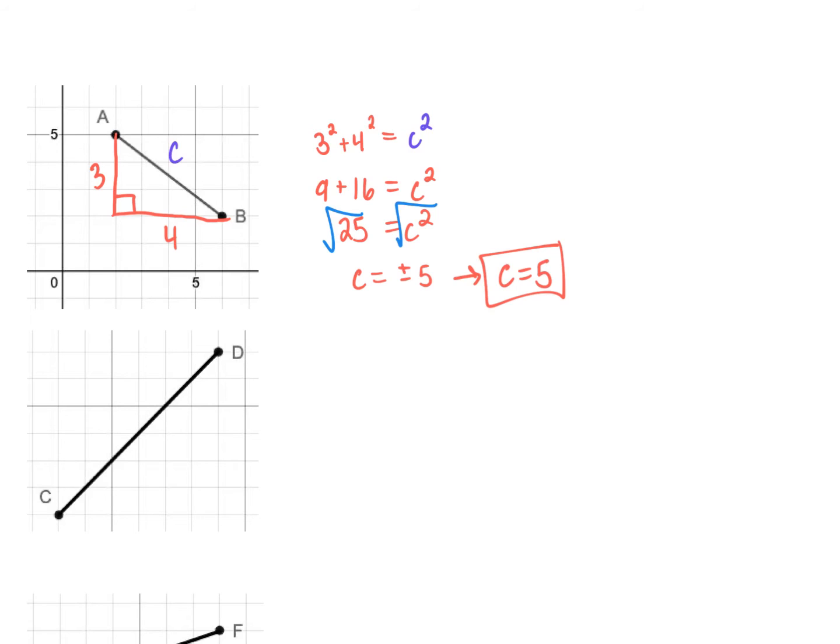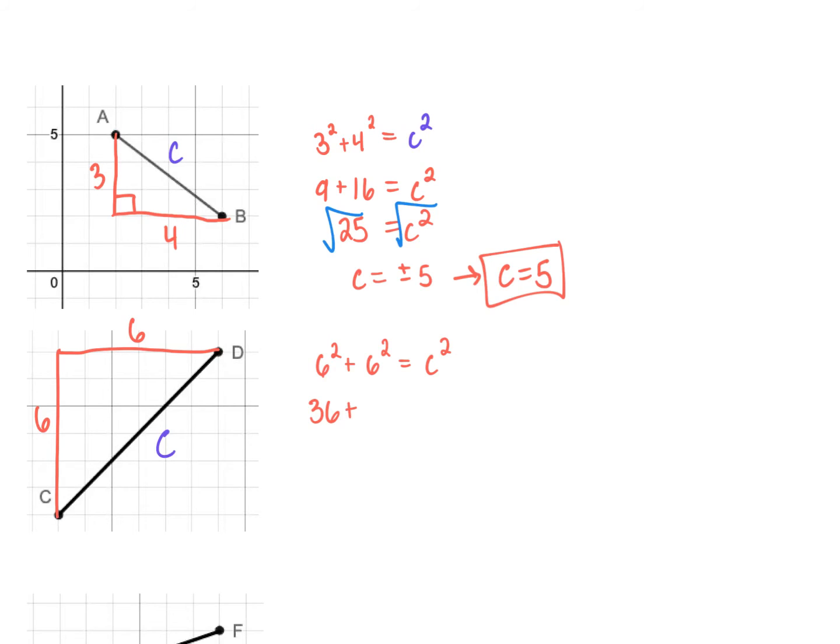So it's all about the context of the problem. On to the next one. I can make one leg with a length of 6. My other leg also has a length of 6. And then I have my C as my hypotenuse. So I get 6 squared plus 6 squared, that's my leg and my leg, equals C squared.